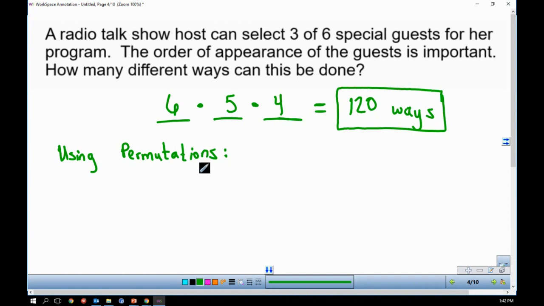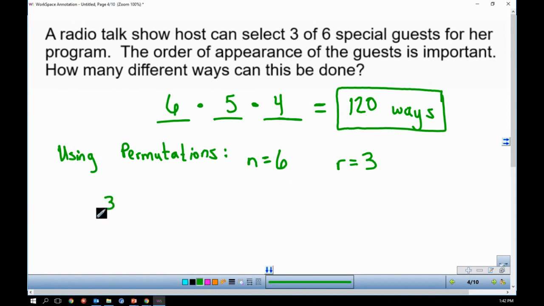Okay, how many can we pick from? 6. So in our formula that we should have written down, the n is how many we can pick from. So we can pick from 6. How many are we actually picking? 3.